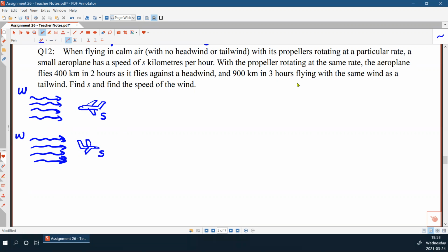As I said, pay special attention to the sentences containing the numbers. The first piece of information comes from here: the airplane flies 400 kilometers in 2 hours as it flies against a headwind, right? So in the first situation, this is a headwind.